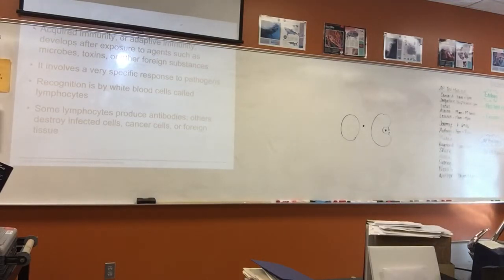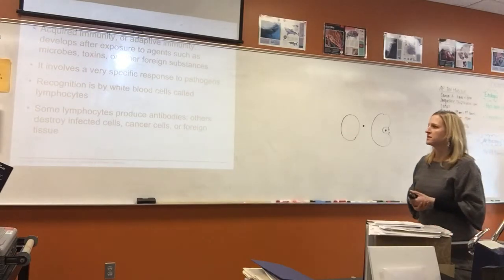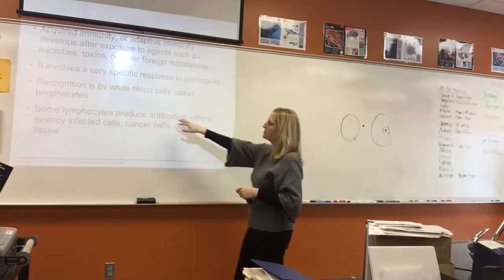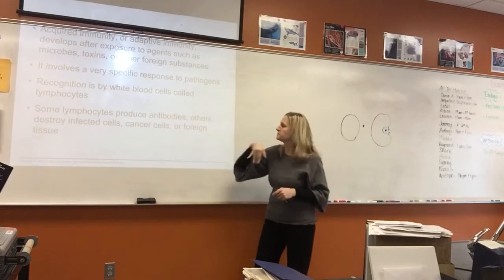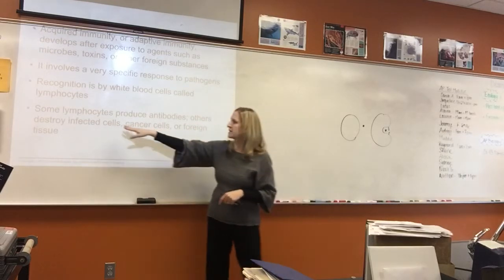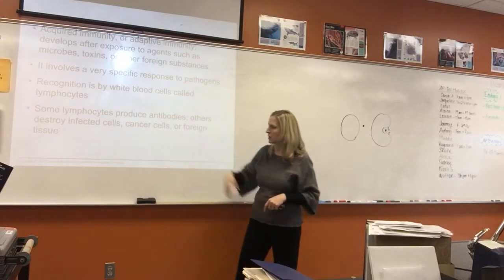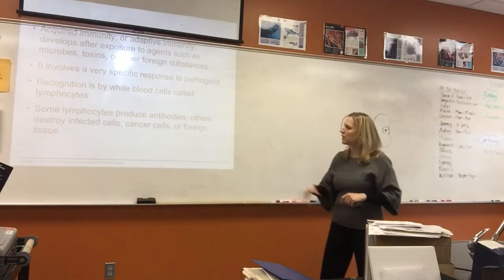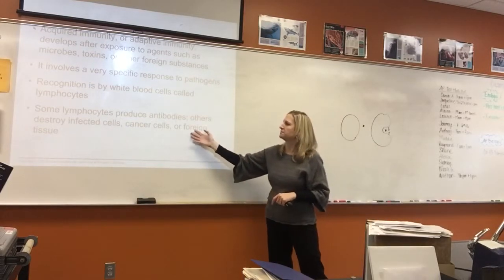Recognition is by white blood cells called lymphocytes. Some lymphocytes produce antibodies. You probably have heard of antibodies before. Others destroy infected cells or cancer cells or other foreign tissue.